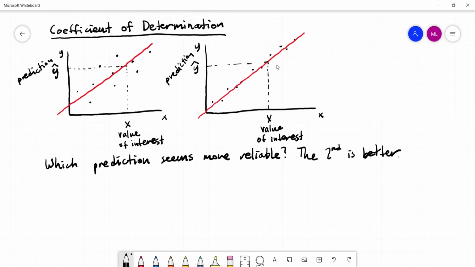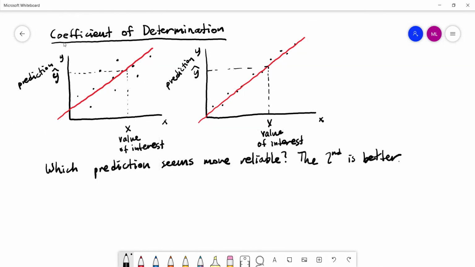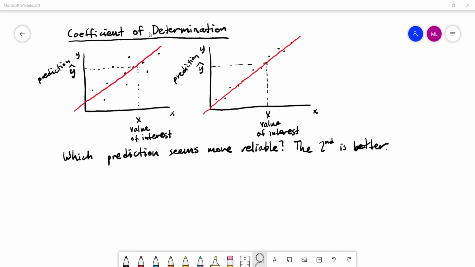This idea highlights what we're going to be calling the coefficient of determination. The coefficient of determination is essentially going to be a value that tells us how good we can expect the prediction to be. So this brings us to the idea of the coefficient of determination.